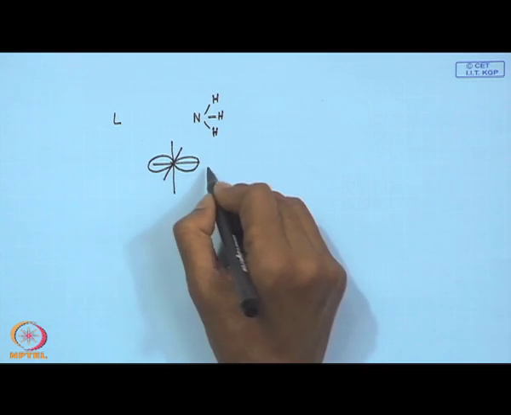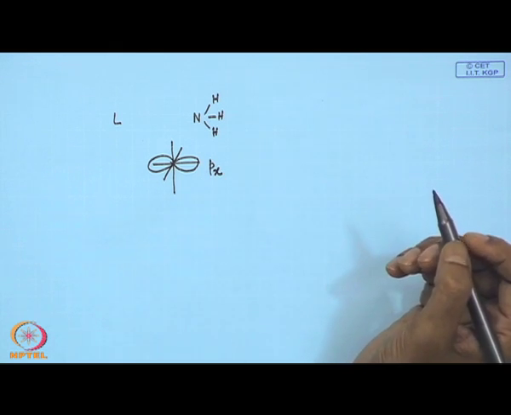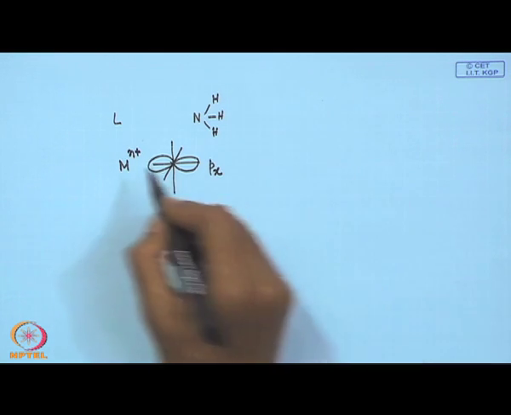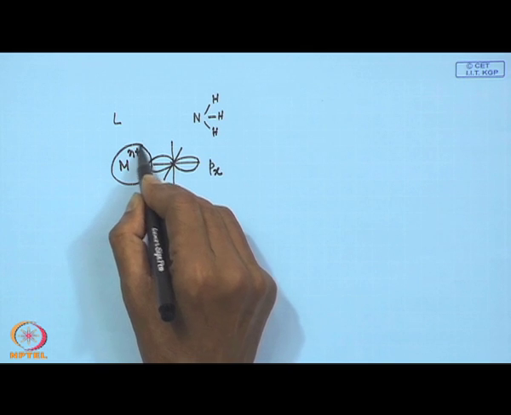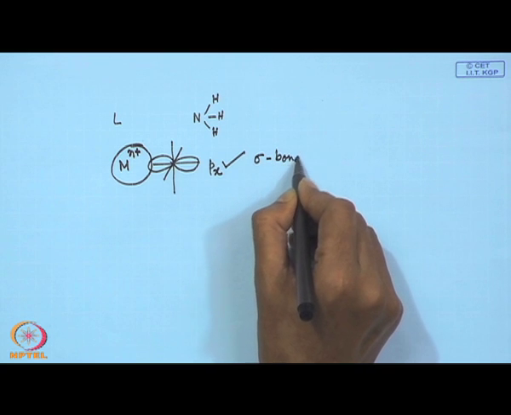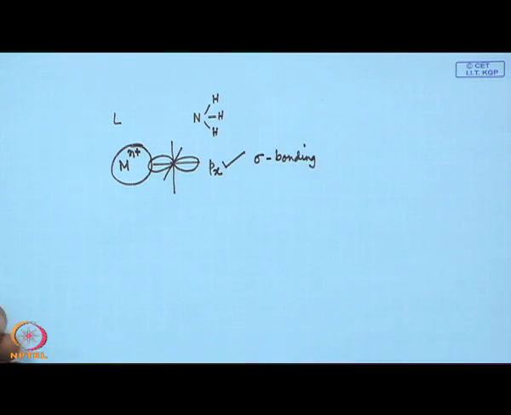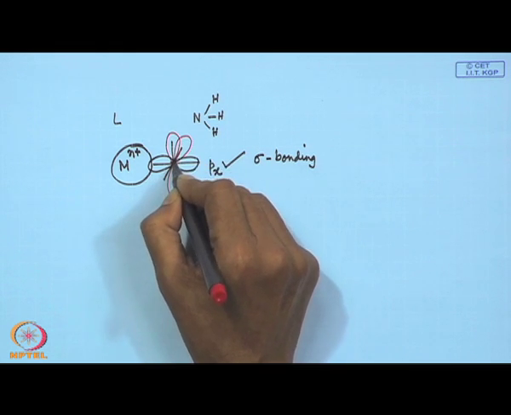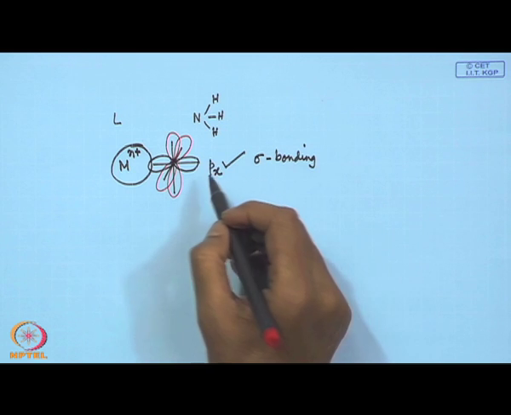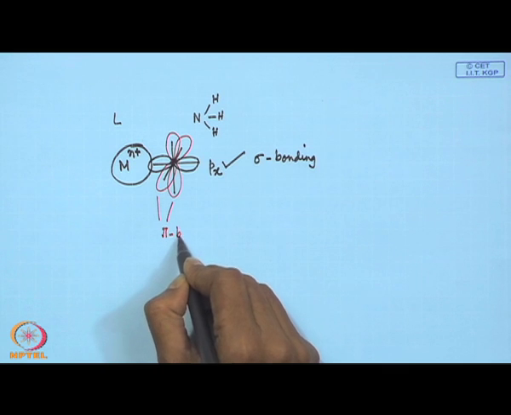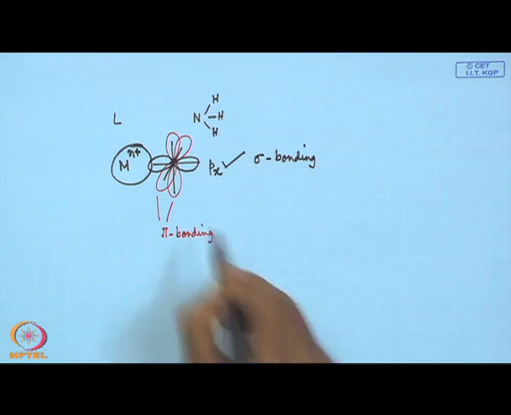We have utilized one, say the px orbital, to overlap with the metal ion. So, already we have considered this one particular orbital. This px is gone for sigma bonding. Next we will consider the orbitals py and pz, which are not utilized for sigma bonding. These two orbitals will give us the corresponding pi bonding in these metal complexes.